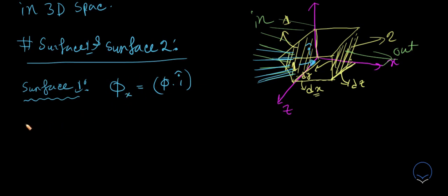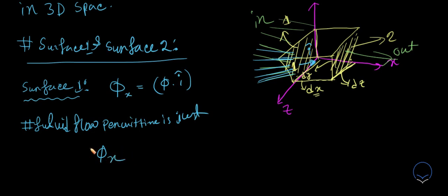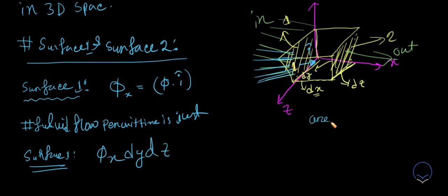So the fluid flow per unit time through surface 1 is just phi of x times dy dz, because the area for surface 1, let me call it S1, is just dy dz.